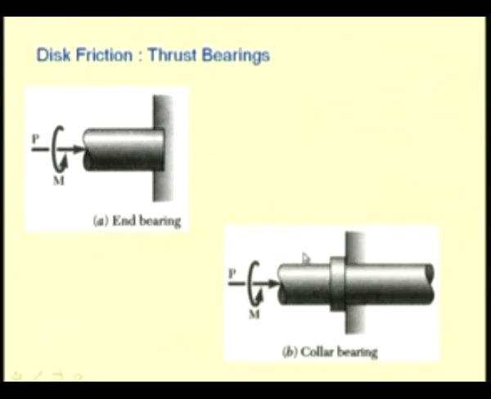In these bearings we are interested in minimizing the friction so that the required moment to keep the shafts in the running condition is less. So, in order to analyze these kinds of problems, we have to develop the frictional moment equation for these disc faces that have to be overcome by the applied moment.